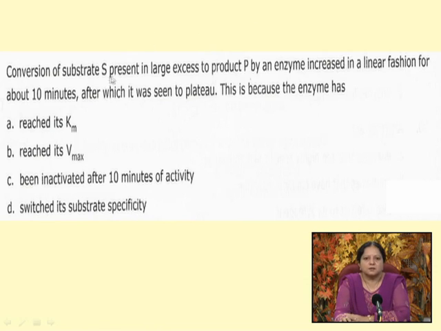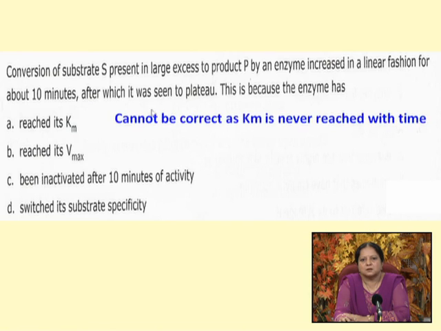So again, if we look at the question a little more closely, the substrate S is present in large excess, and the enzyme converts it to product P in a linear fashion for about 10 minutes. Here, the option that it has reached its Km is very unlikely because a Km cannot actually be reached with time.